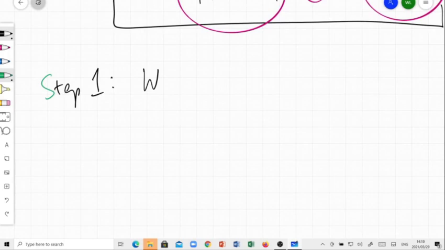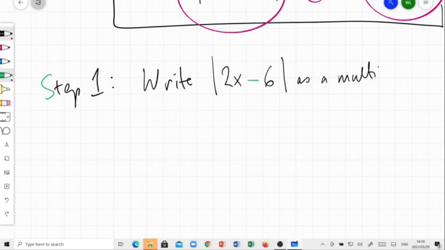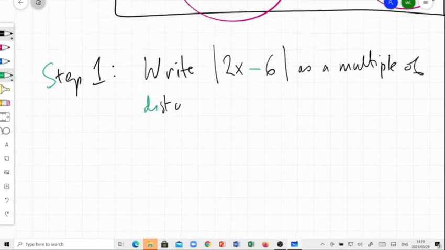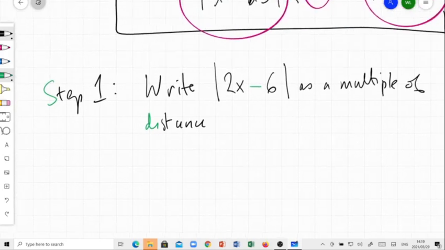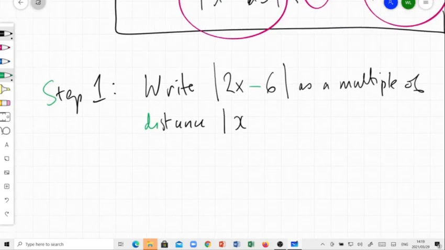write the second distance, which is the distance between my y's, f of x, and my limit, as a multiple of the first distance in the definition, which is the distance between my axis and my point of approach 3.